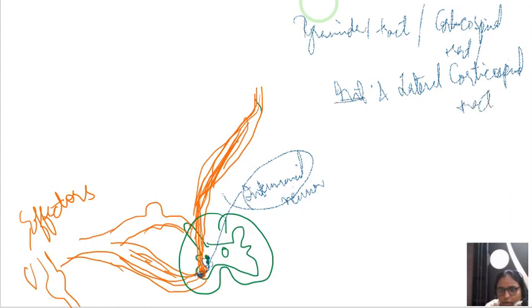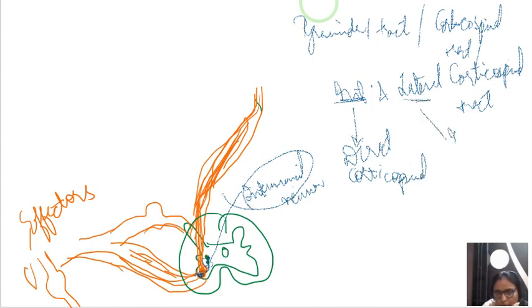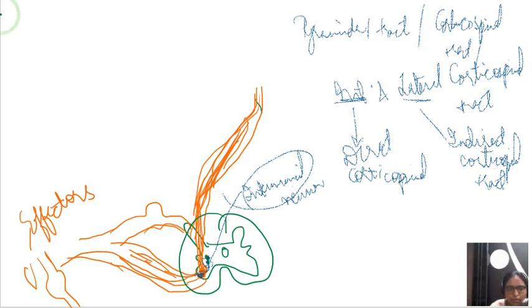If I talk about the anterior, this is called your direct corticospinal tract. If I talk about the lateral, it is called your indirect corticospinal tract. Clear? So now if we talk about the origin, let's revise it.